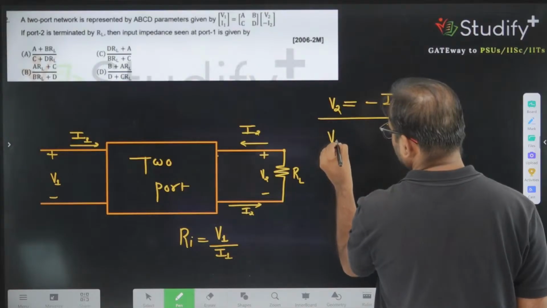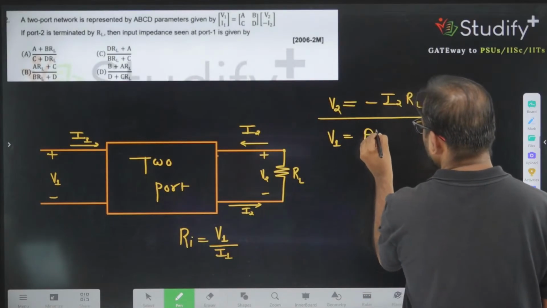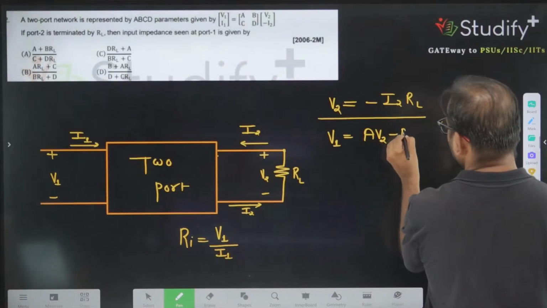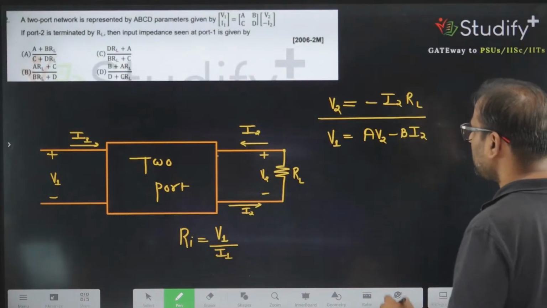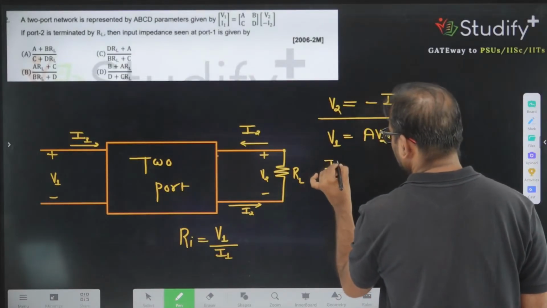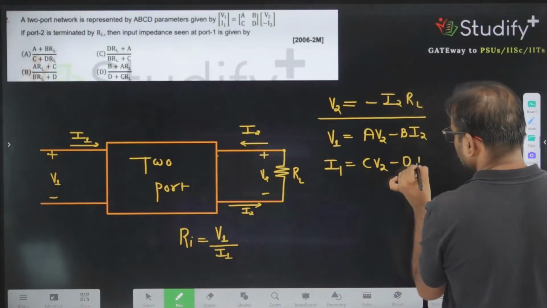The V1 is equivalent to AV2 minus BI2 and I1 is equivalent to CV2 minus DI2.